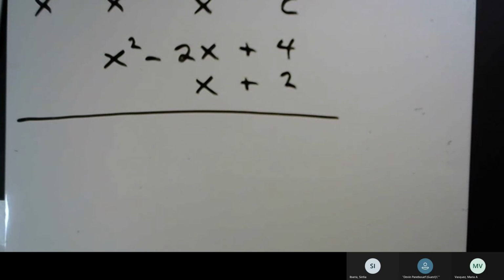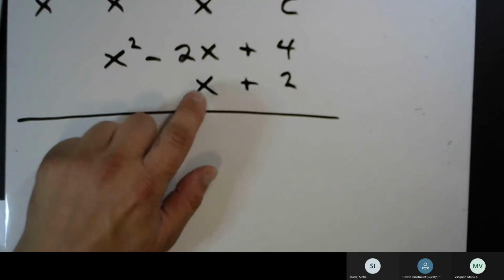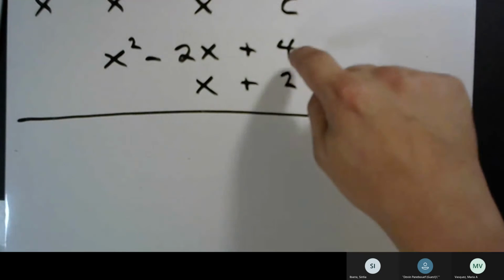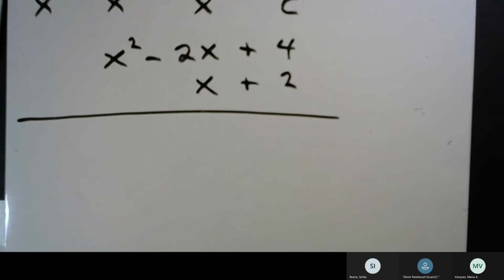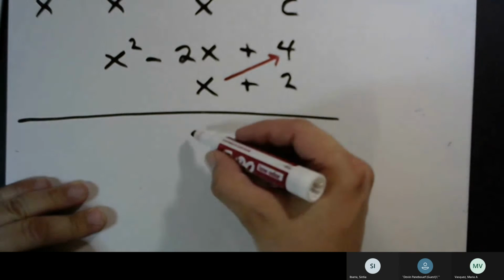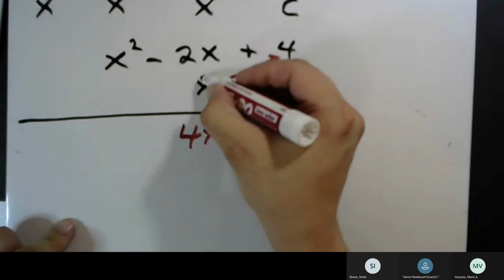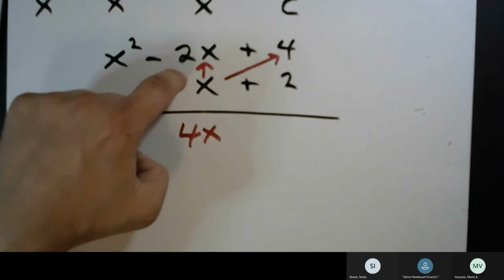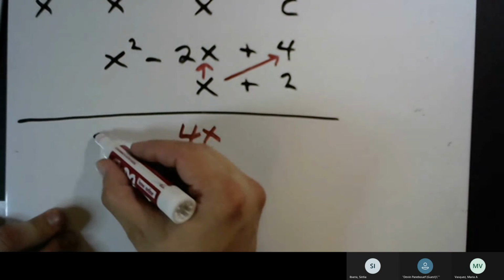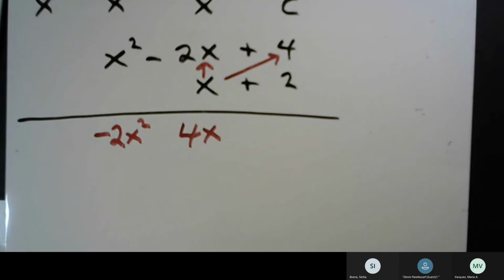What we're going to do is take the first term here and multiply it, like long multiplication, to each of these terms. So we'll get x times 4. We'll put that in the x column, it's 4x. Then x times negative 2x is negative 2x squared, and that goes in the x squared column.